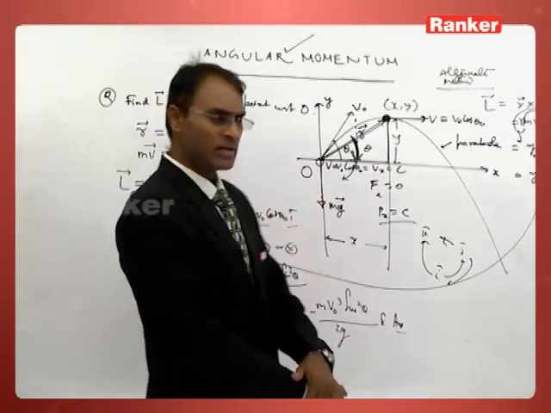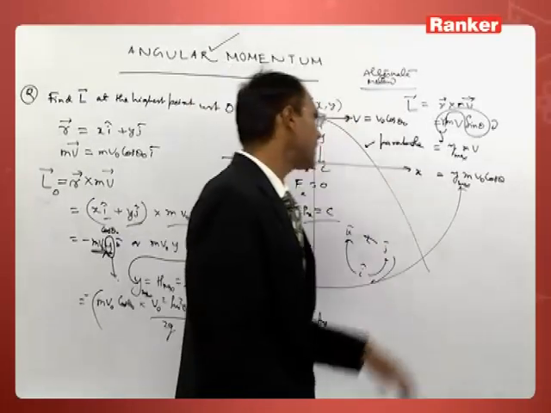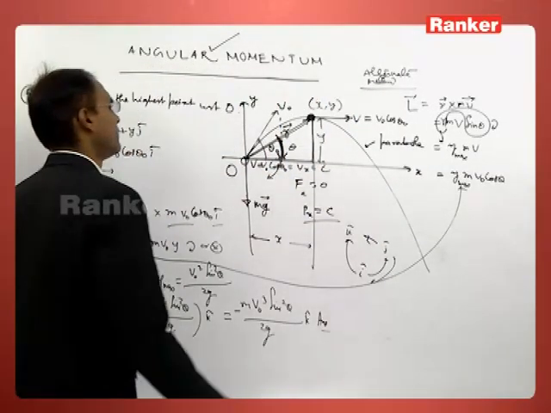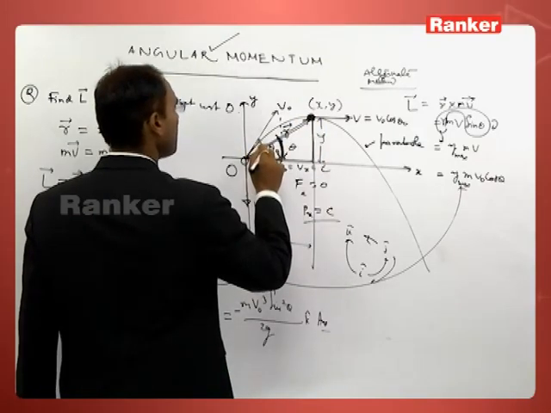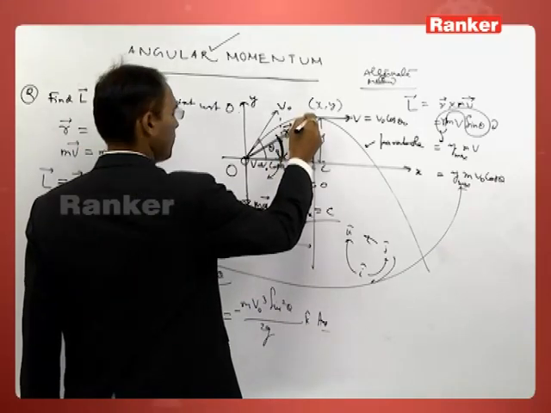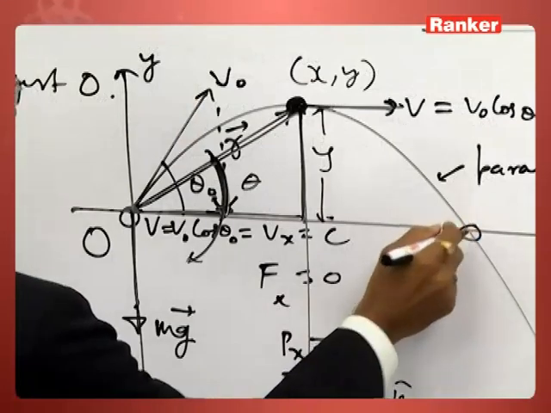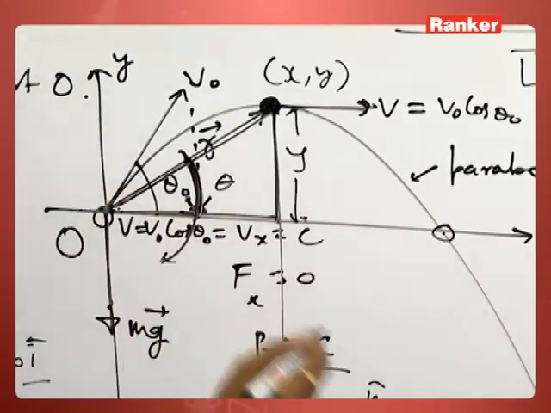Well, from this example we understand that this angular momentum of the particle depends upon the reference point. If you choose this point, you can find its angular momentum about this point, that will be different.